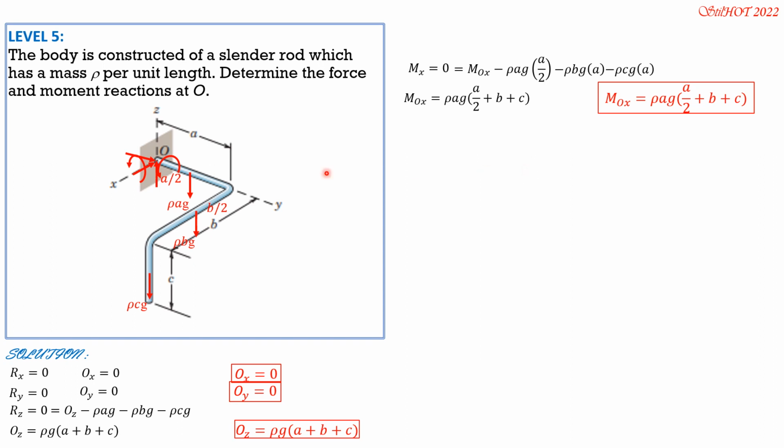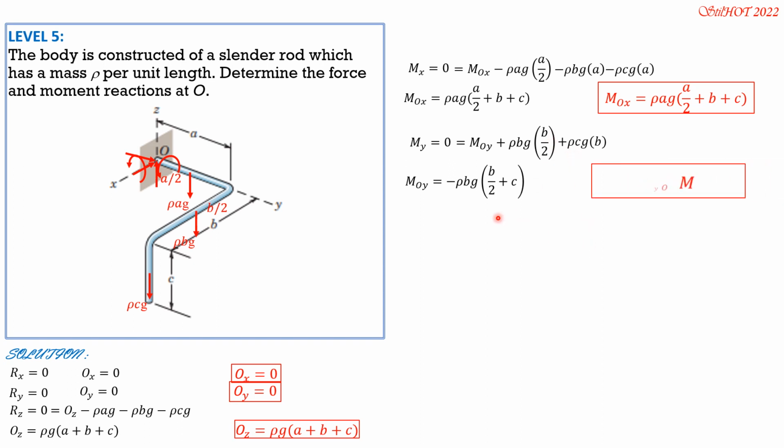Then MOy. My equals 0 equals MOy. This is 0, so we begin with rho BG times B over 2, positive, then plus rho CG times B. So MOy therefore is negative rho BG quantity B over 2 plus C. So that's it.